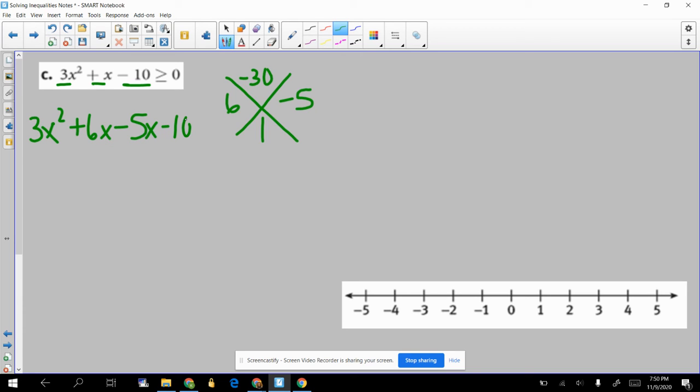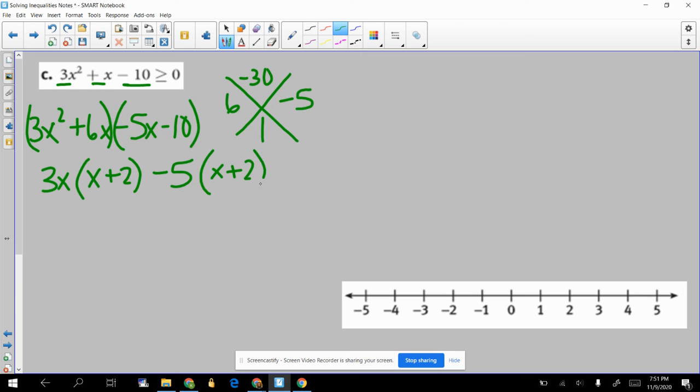And I'm going to group. I can take a 3x out of this first group, and I'm left with x plus 2. And I can take a negative 5 out of the second group, and I'm left with x plus 2.